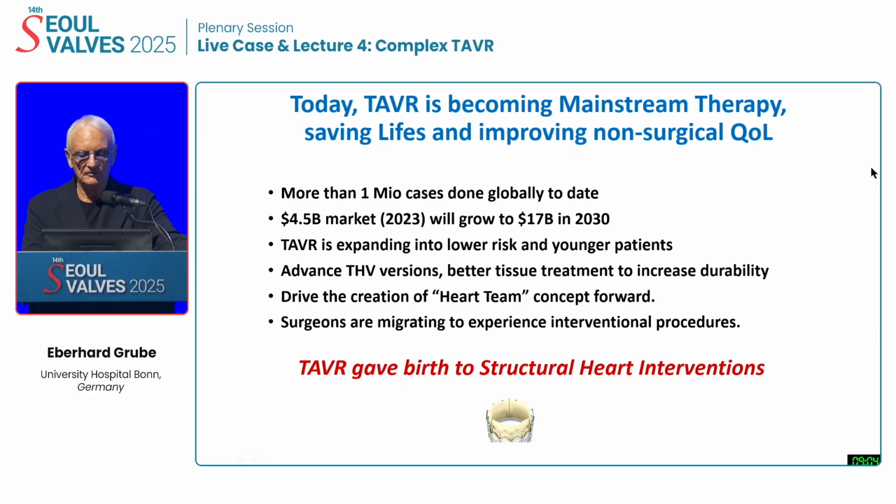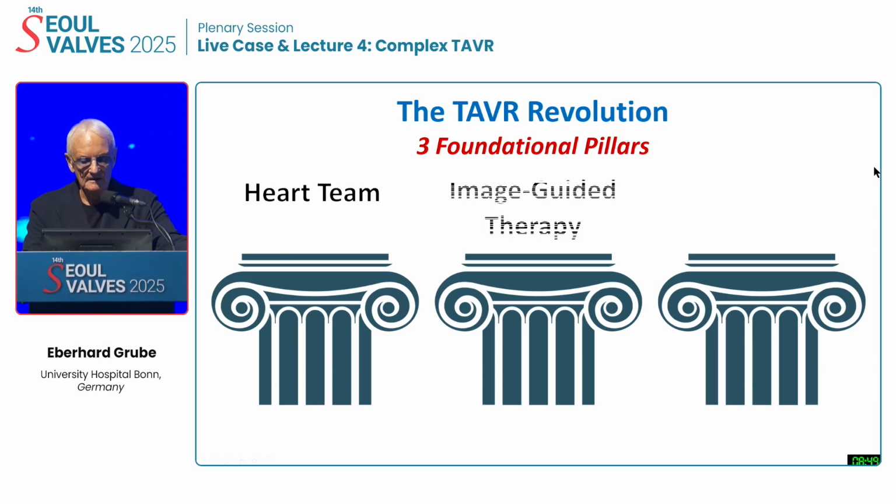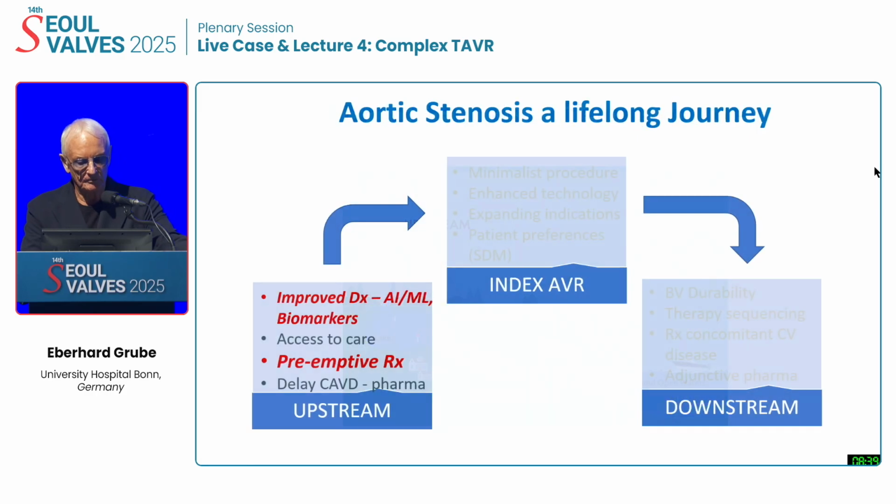So today, TAVR is becoming mainstream therapy, saving lives and improving non-surgical quality of life. TAVR gave birth to structural heart interventions. Basically, we know TAVR is based on three pillars: heart team, image-guided therapy, and life journey. Aortic stenosis is a lifelong journey with upstream and downstream aspects.